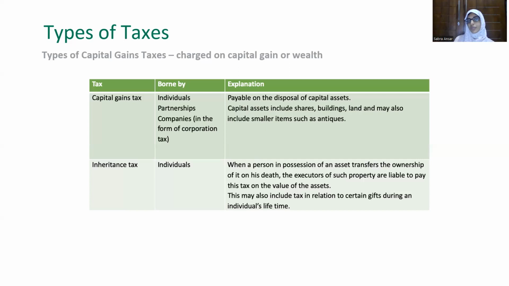Capital tax is basically tax related to assets, some type of asset. It is very easy to remember because it goes hand in hand with the accounting definition of assets. So capital gains tax is mainly based on capital assets.